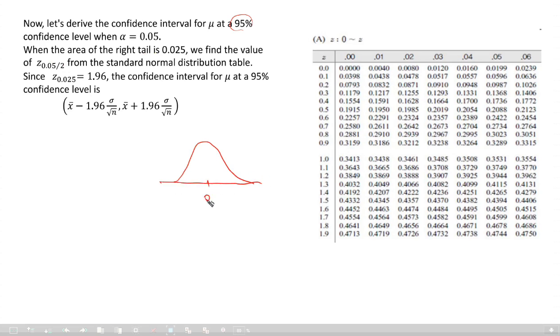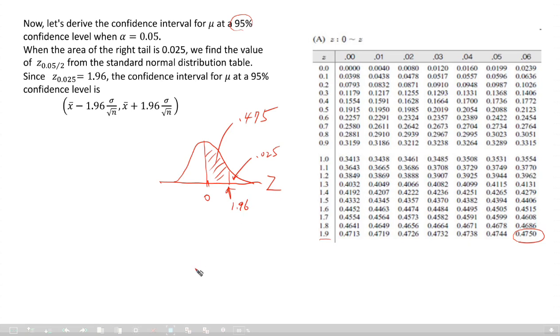Standardized normal here, G, then here. What is 0.025? Then this part is going to be 0.475. So 0.475, let's see here. Okay, what is the value of G? 1.96. So this value is 1.96.